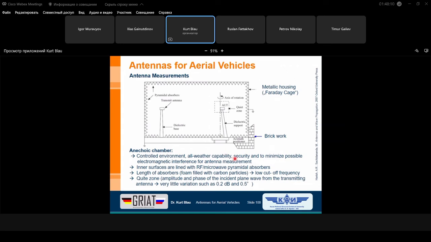It gives us high security and minimizes electromagnetic interference for the measurement, because we also keep out radio waves coming from outside. For instance, if you make measurements in nature, you cannot avoid that the measurement antennas also receive, besides ground reflections, unwanted signals coming from outside. All these signals influence your measurement results.